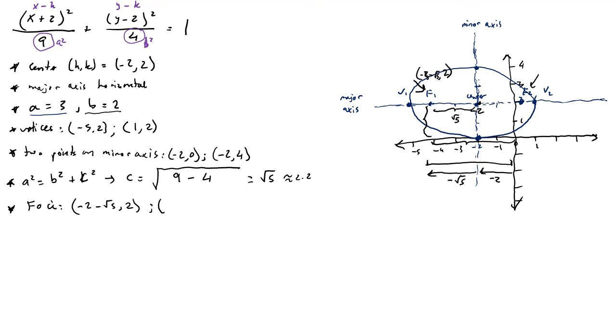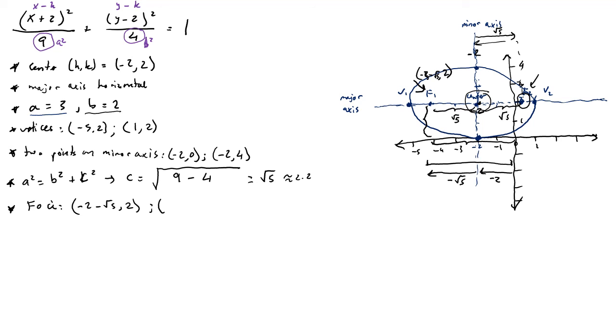Okay, next I need the coordinates for the second focus. And again, our reference here is going to be the center, because I know that I go -2 that way. But in order to reach this point, I know that this distance is square root of 5. So I go -2 and then I go that way square root of 5 in order to reach my point F2.